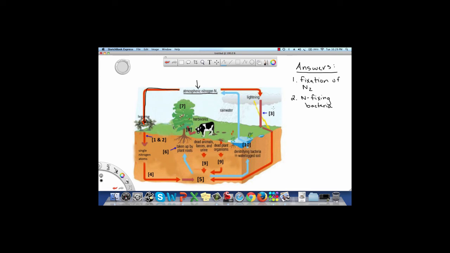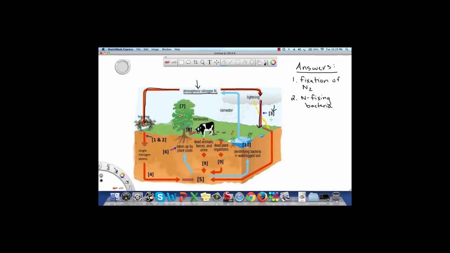Okay, let's see. Number 3 is way over here. So let's follow our arrows around from atmospheric nitrogen. We have some lightning here, and this arrow comes down, and number 3 is pointing to this arrow. And the question says, what step or process is happening here? Remember, there are 2 ways to go through the first step of the nitrogen cycle, fixation.